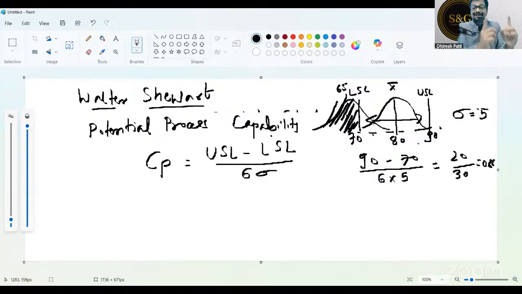But this second guy is also giving a range of 20, but he has started giving between, let's say, 55 to 75. I'm just giving you one raw example. So the same variation, but the average has completely shifted. The first guy was delivering the tea at an average of 80. The second guy has started delivering the tea at an average of 65 degrees.